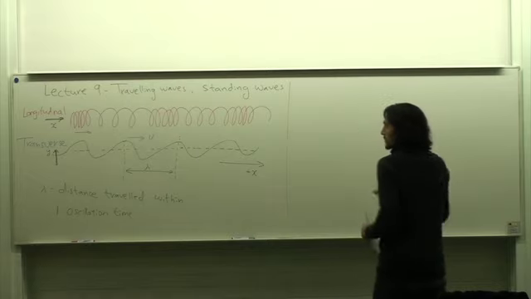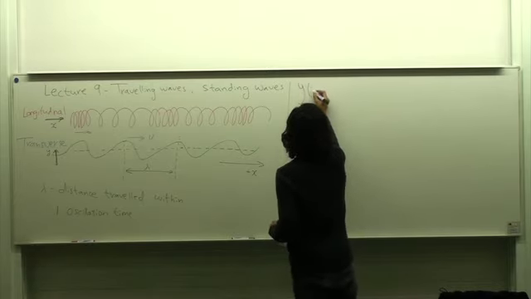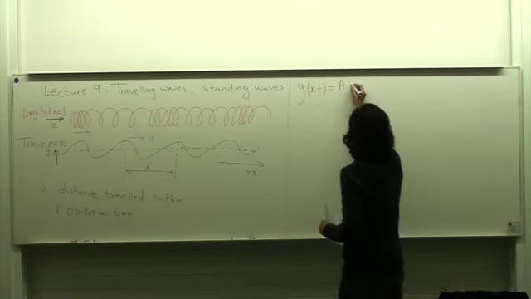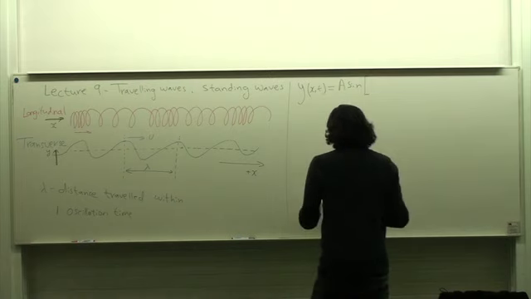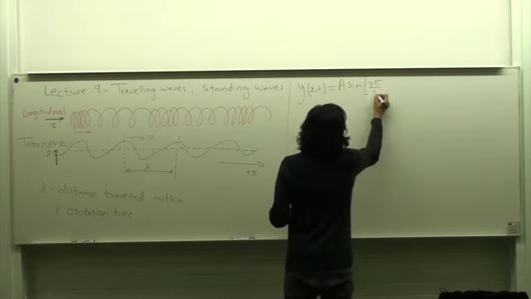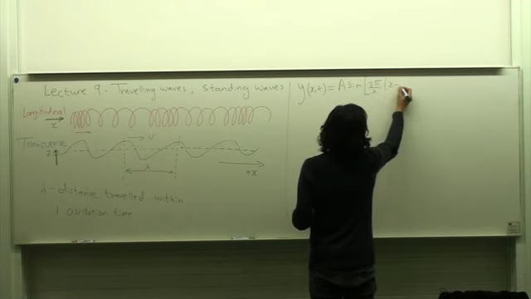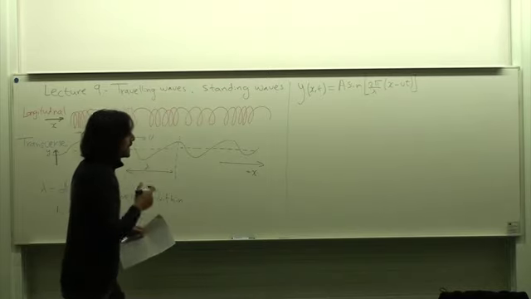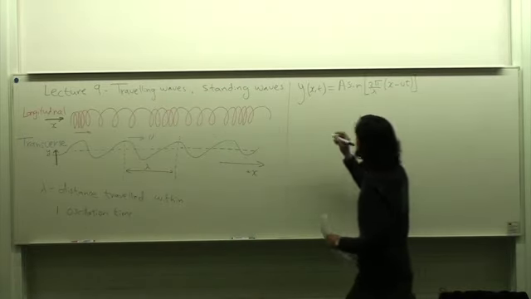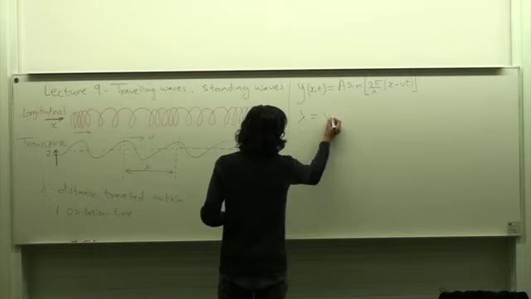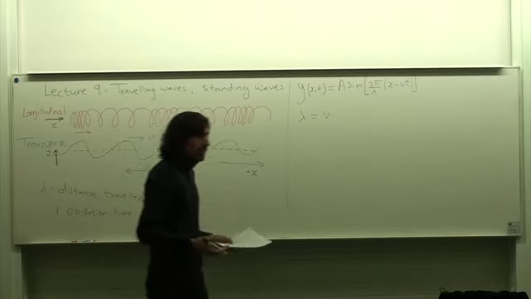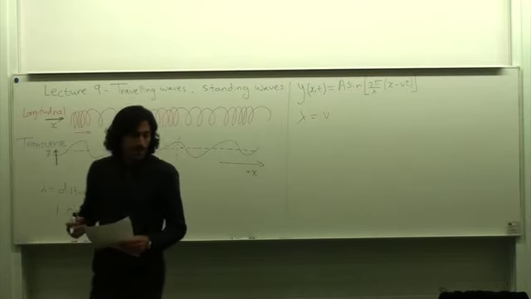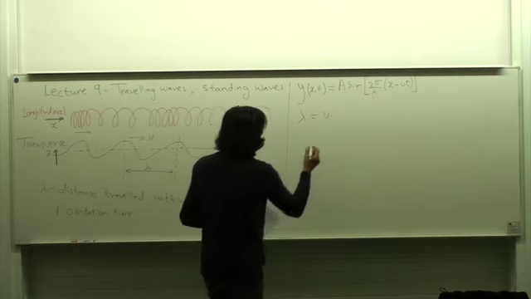We can describe this wave by a sine function. y of x and t equals A, the amplitude of the wave, times sine of 2 pi over lambda times (x minus vt). Now lambda is the wavelength, so I can write it also as the velocity times the period. We used to write T for the period, but today we're going to use T for the tension in the string, so I'm going to write P here.